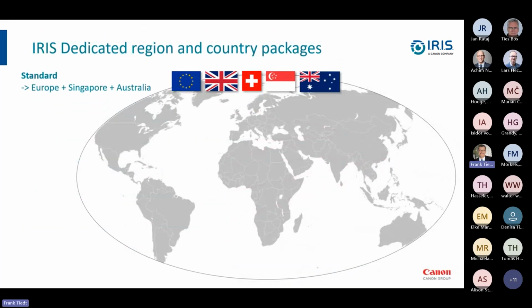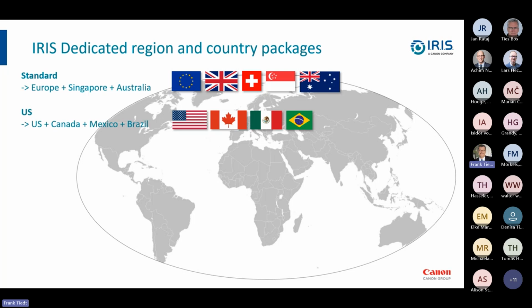Yeah, so finally, we have built these dedicated region and country packages to ensure the global processing of all invoices in the world. For example, we use the so-called SPAP standard package to capture invoices from Europe, but also from Singapore and Australia.